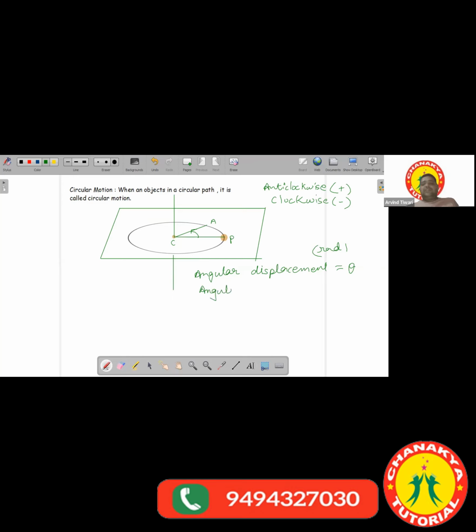Angular velocity is given by the symbol omega, and it is equal to theta by t. As you move further in mathematics, we will also denote this angular velocity over change of time. Moving more into the depth, for the instantaneous velocity, we will be writing it as d theta by dt. You will write it something like this, d theta over dt.